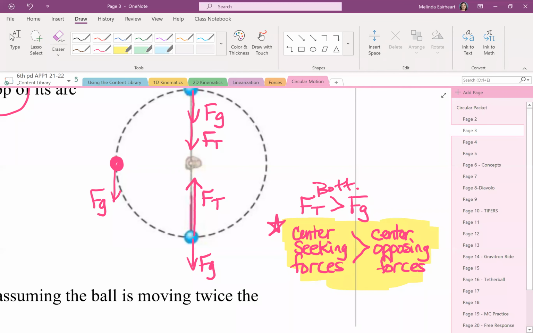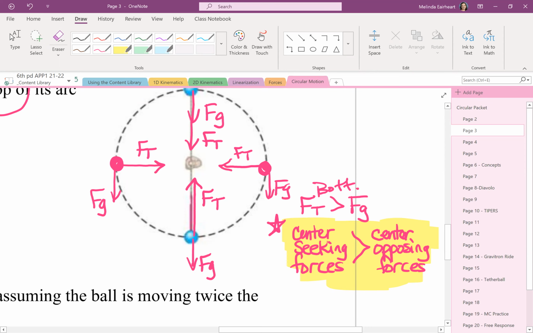How big do I draw it? Well, technically, if I have a minimum tension at the top and a bigger maximum tension at the bottom, it's somewhere in between, okay? And so, doing my best here, somewhere in between. But it would be to the right. If we drew it on the right-hand side, tension would be to the left. Okay?